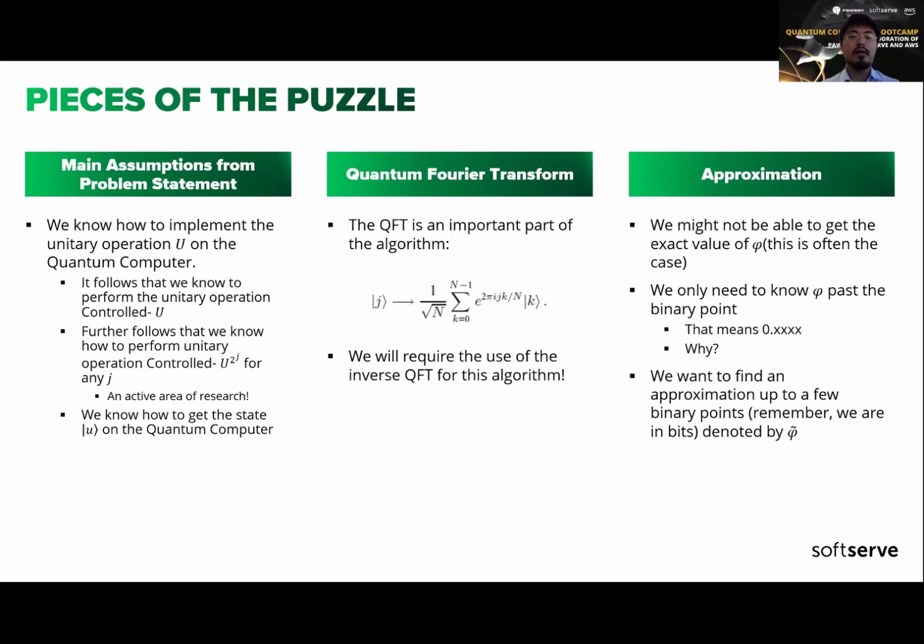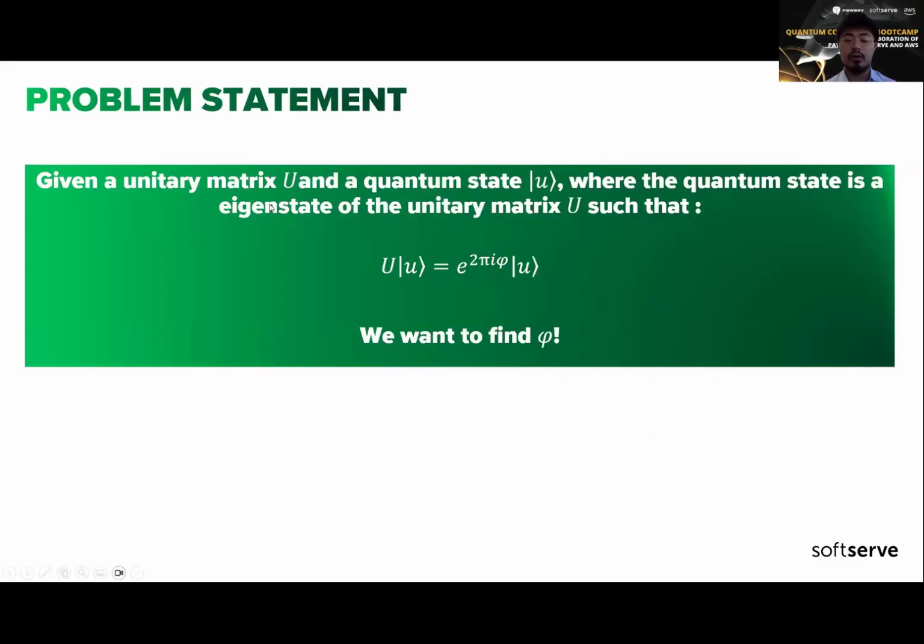Okay, so these are the main pieces of the puzzle that we need to remember for QPE. Firstly, to reiterate, we need to know how to implement U, the unitary matrix U, on the quantum computer. We need to know how to create the quantum state u-ket on the quantum computer.